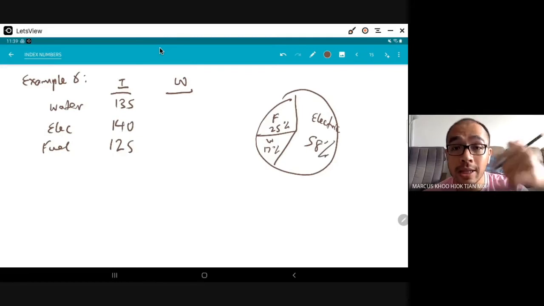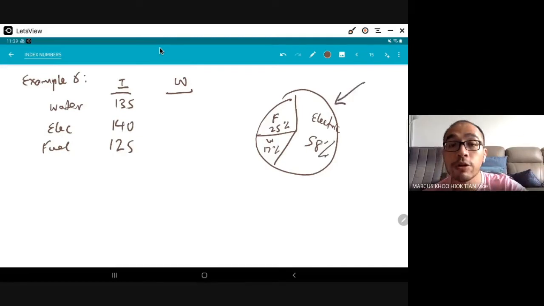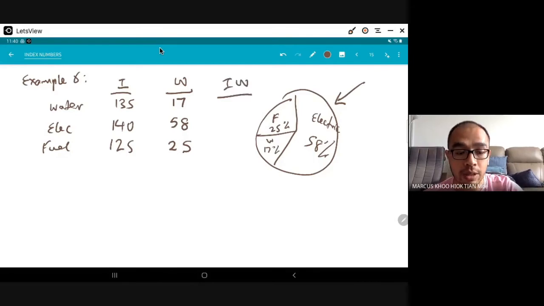So this shows you the weightage: water is 17, electric is 58, fuel is 25. Then you can count the IW. You just multiply this, and then you count the total of the IW and the total W.